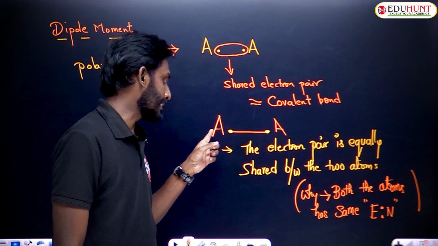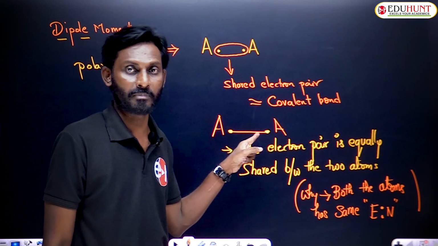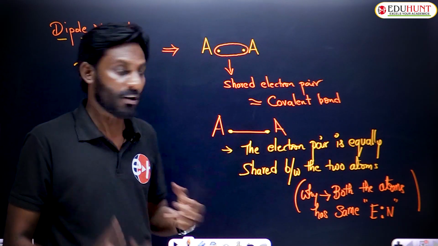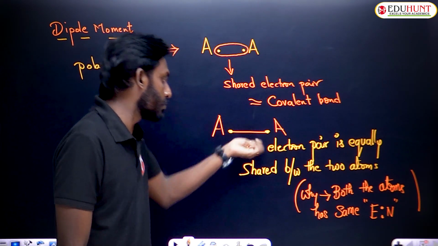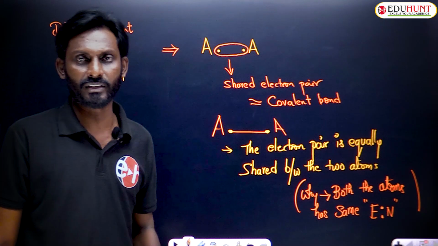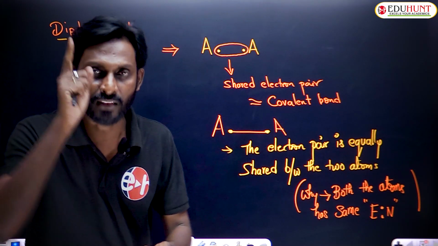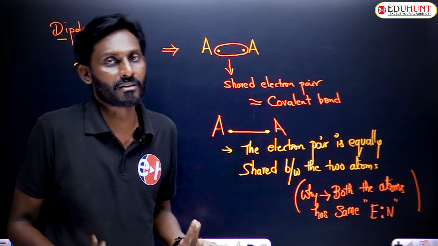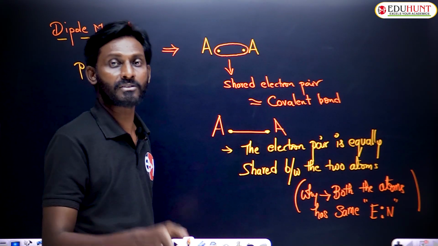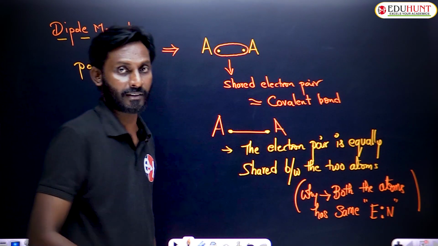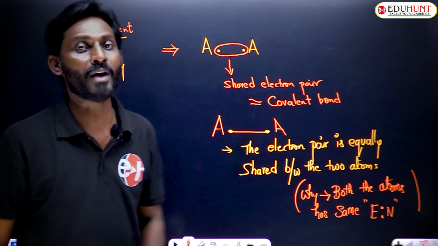This atom is attracting this electron pair and that atom is also attracting this electron pair. The tendency of an atom to attract this shared pair towards itself is nothing but electronegativity. Since the two atoms are of the same type, both have the same electronegativity. The force with which this atom attracts is the same as the force with which that atom attracts, so this pair is equally shared between the two atoms.